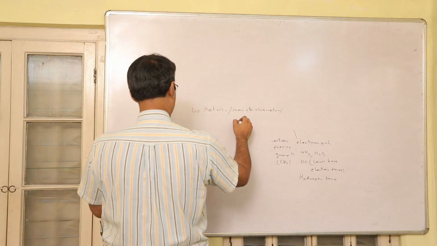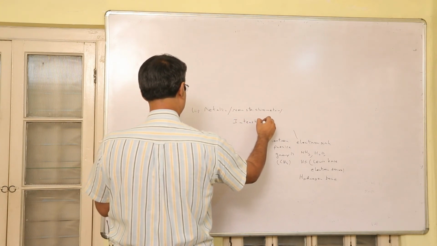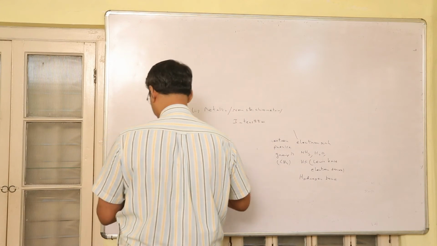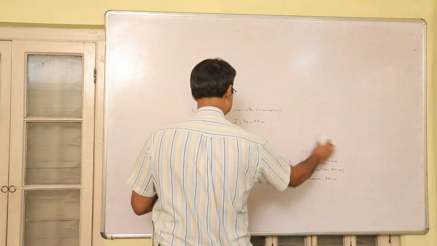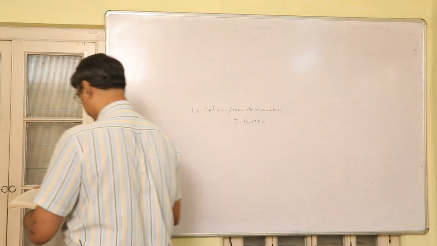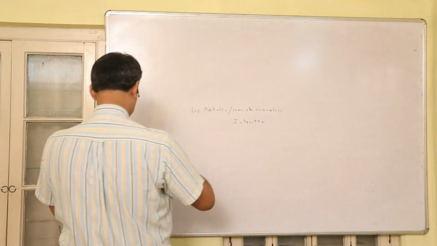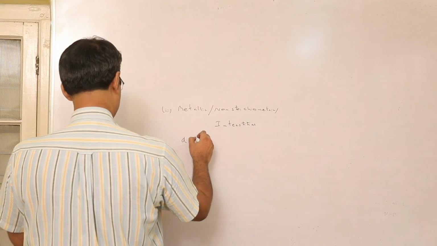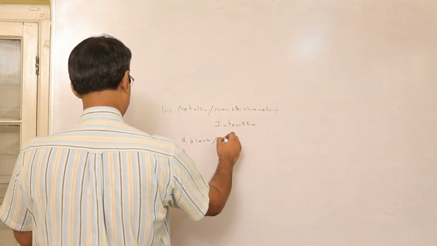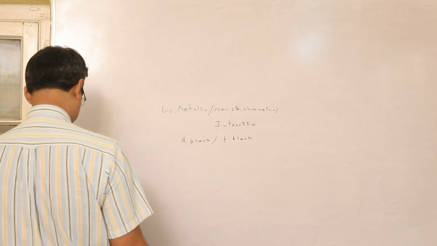They are also called interstitial hydrides. They are usually formed by D block or F block elements.